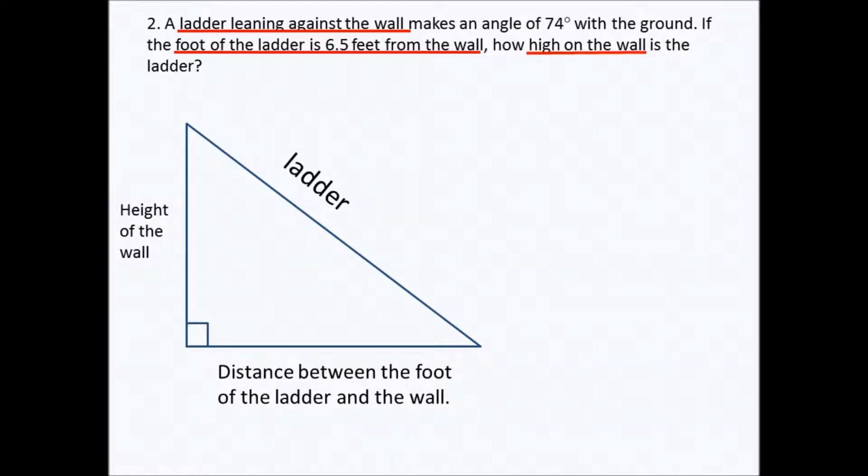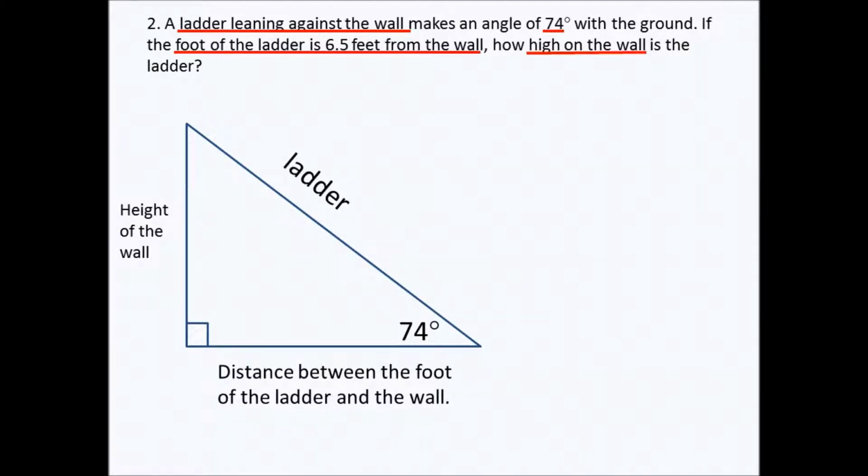The next step is to label the triangle with the values. The first value that we're given is 74 degrees, the angle that the ground and the ladder make.